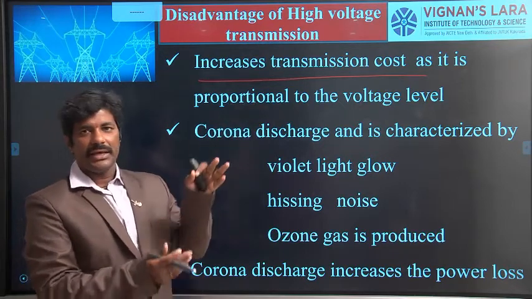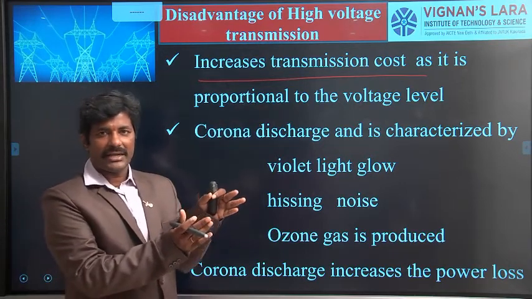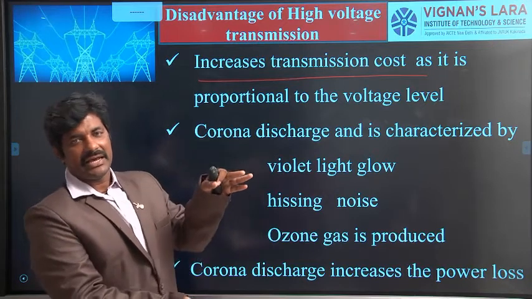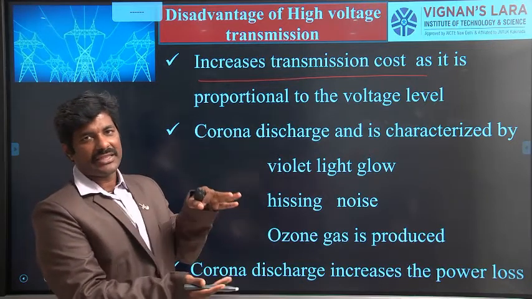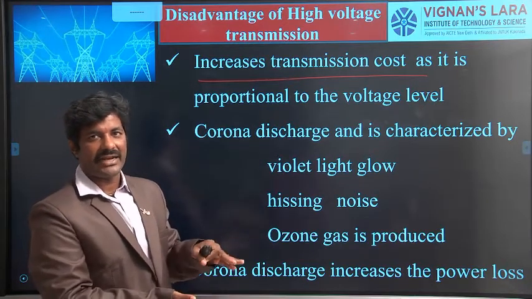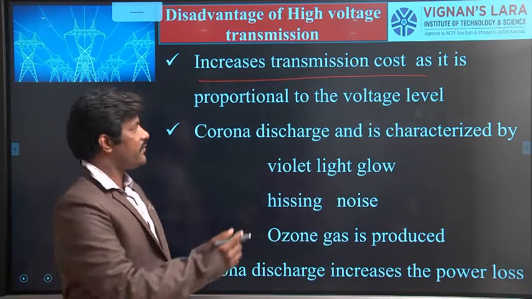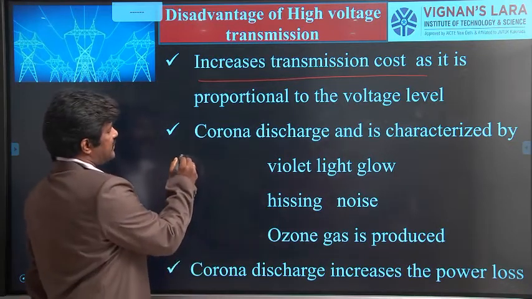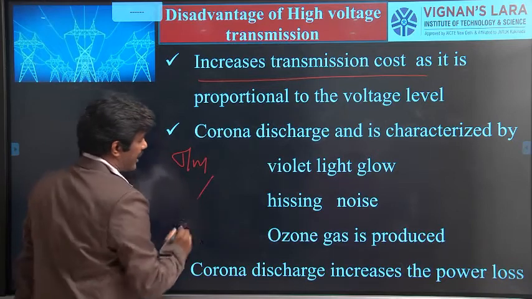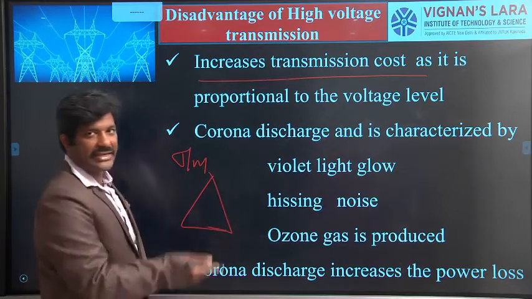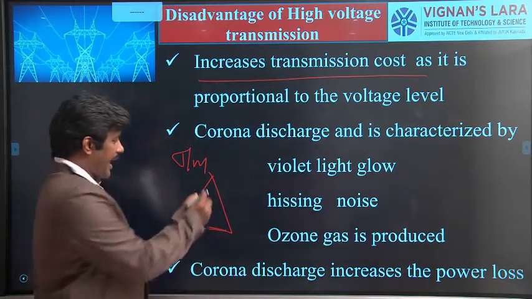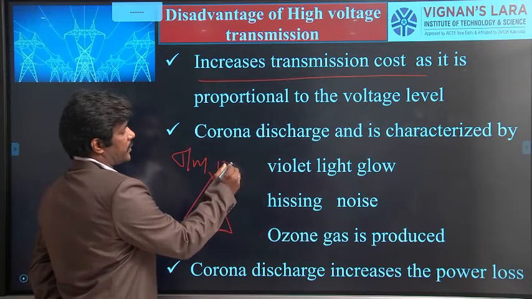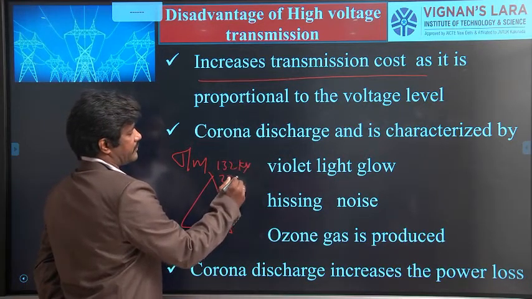If you operate at less voltages, obviously the clearance will be minimum, so that the height of the structure will be minimized. That is why if you see the transmission network, you can observe the towers which are very high in structure, as they are operated with 132 kV or 220 kV.